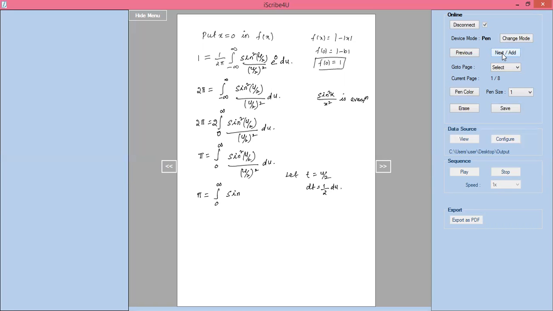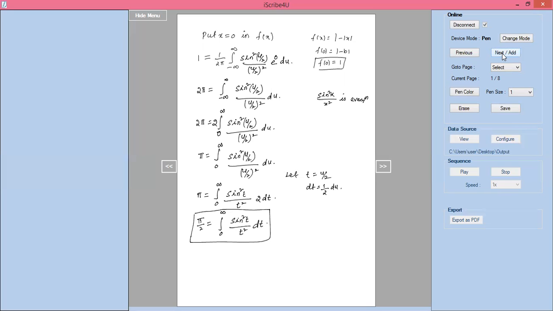So pi equals the integration from 0 to infinity of sine square t divided by t square, 2 times dt. Now you get pi by 2 equals the integration from 0 to infinity of sine square t divided by t square into dt, which is the required solution for the given problem.